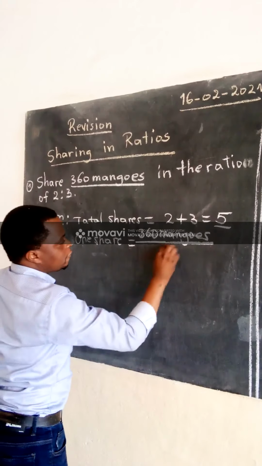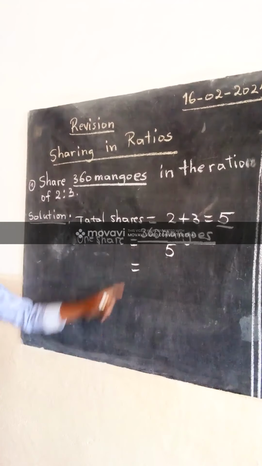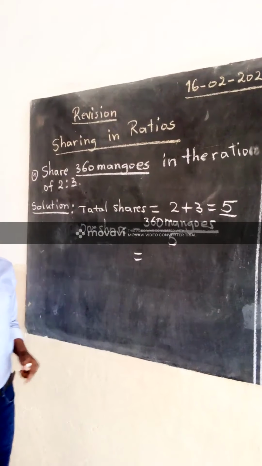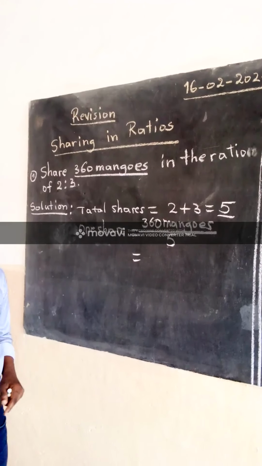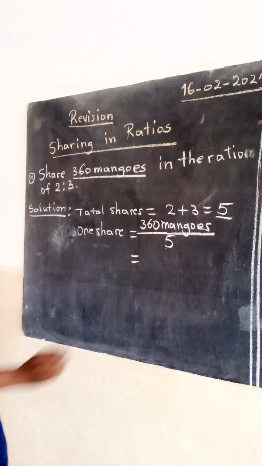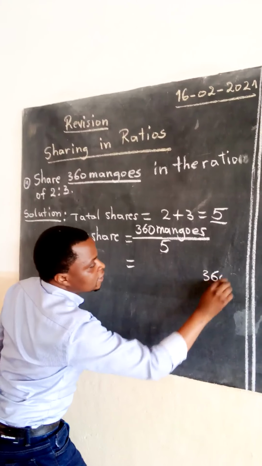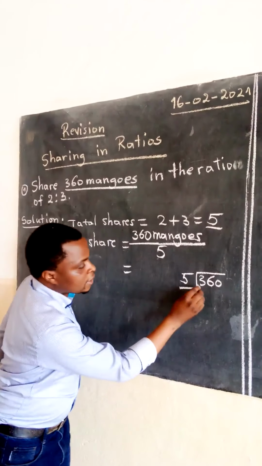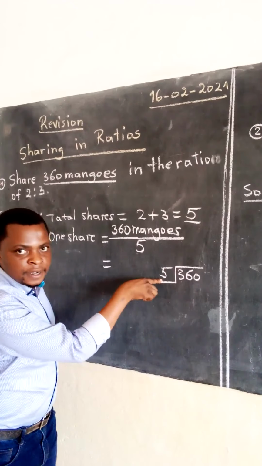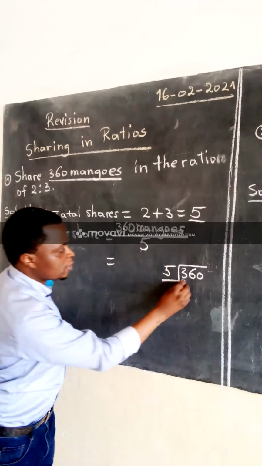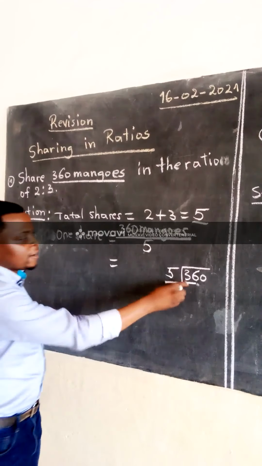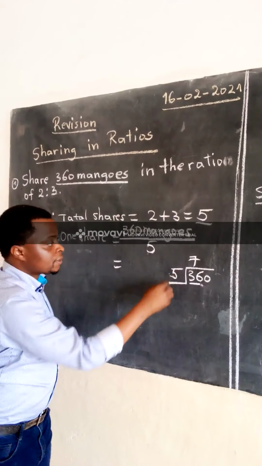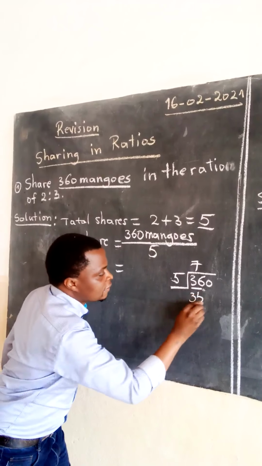divided by 5. So you remember how to divide, but if you don't believe in your quick multiplication, please you can divide the side where you have 360 divided by 5. Here we take 3 divided by 5 is not easy. Let's take 2 digits. 36 divided by 5, we put 7, to have 7 times 5 equal to 35.